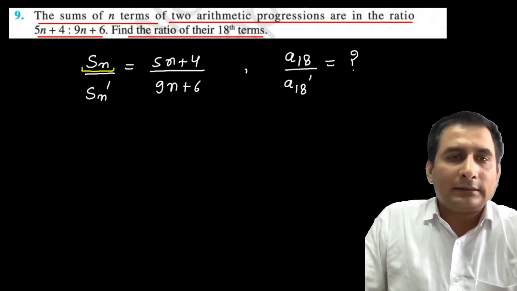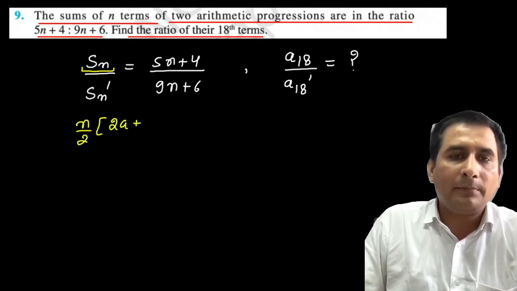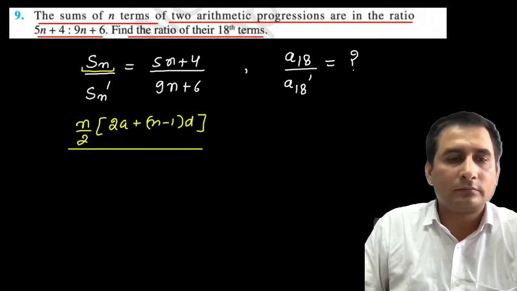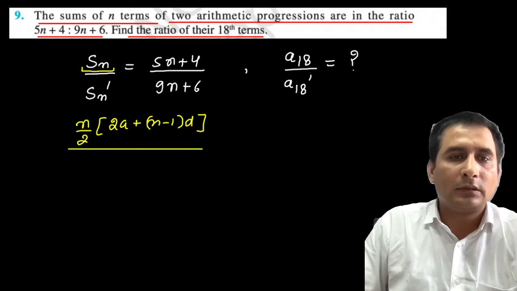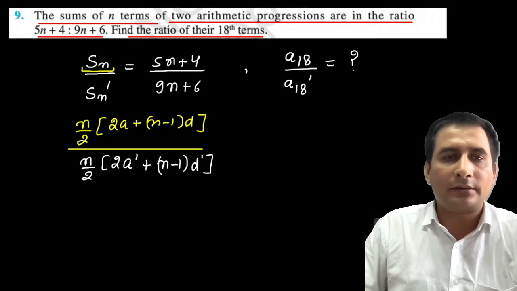So Sn is, let us put the value, n by 2 into 2a plus n minus 1 into d, upon n by 2, 2a dash. I am using a dash for this. n यहाँ पे nth term का ही है and for this I am using d dash, right?